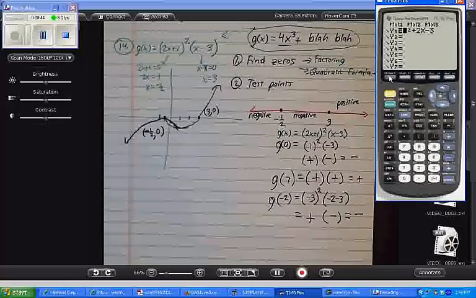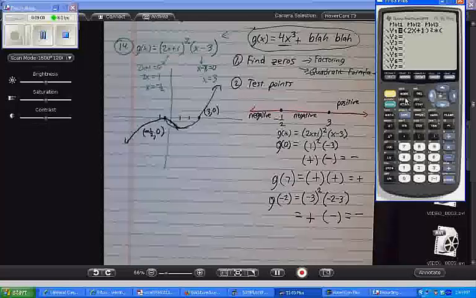I'm going to type in this function. Open parentheses, 2x plus 1, close parentheses, and then I want to square that. And then I want to multiply by open parentheses x minus 3, close parentheses. And I say, I wonder what the graph looks like.